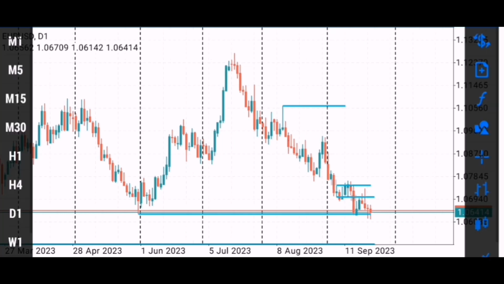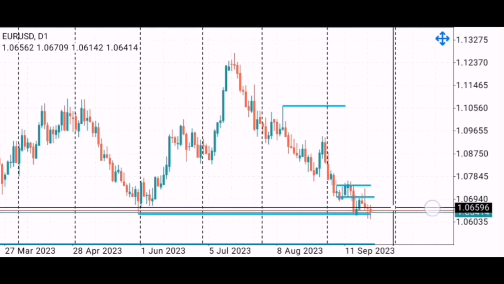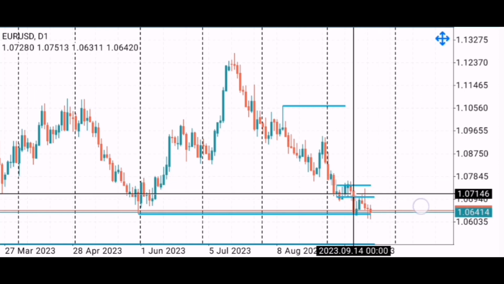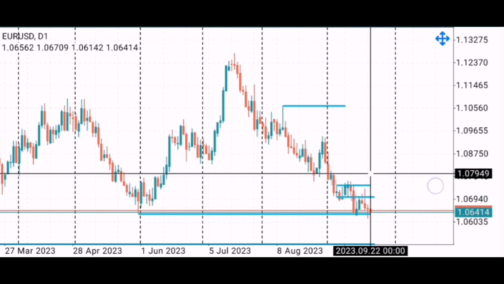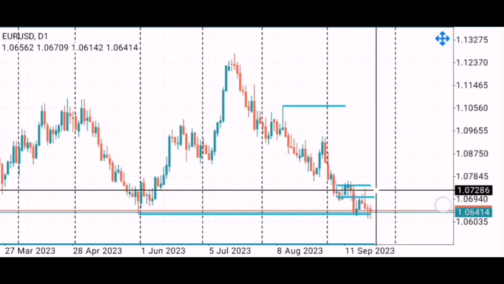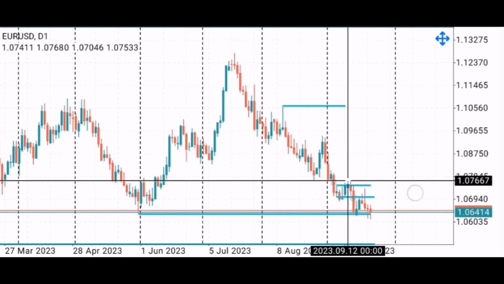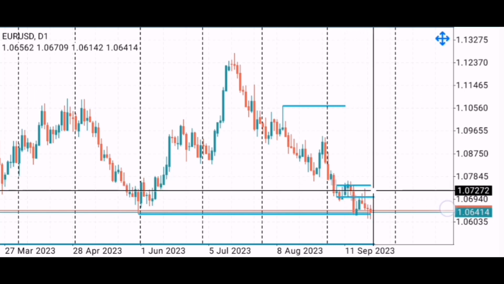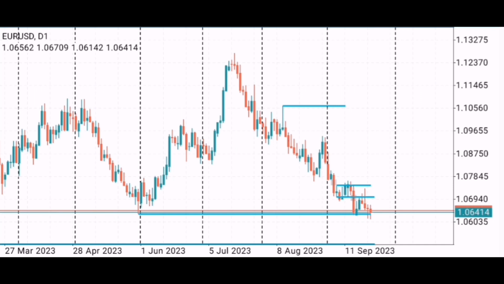However, we can also have a push to the upside, break of structure over here, and continuation to the upside to take out potentially this level as well. And therefore we will only see that obviously in the coming days.